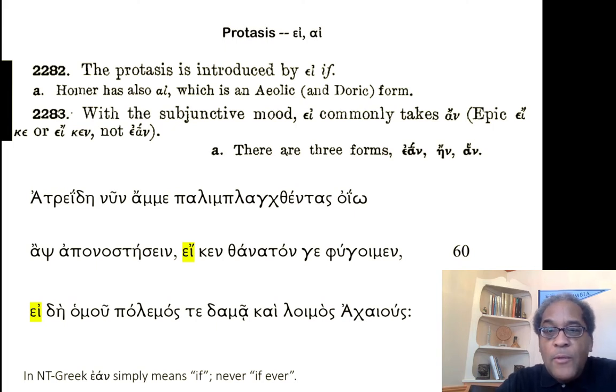So, looking forward to lines 59 through 61, our first conditional clauses in the Iliad, we see two instances of εἰ: "ἆρα ἴδε νῦν ἅμμε παλιμπλαγχθέντας ὀΐω, ἂψ ἀπονοστήσειν, εἰ κεν θάνατόν γε φύγοιμεν, εἰ δὲ ὁμοῦ πόλεμός τε δαμᾷ καὶ λοιμὸς Ἀχαιούς." So εἰ κεν θάνατόν γε φύγοιμεν and εἰ δὲ ὁμοῦ πόλεμός τε δαμᾷ καὶ λοιμὸς Ἀχαιούς.